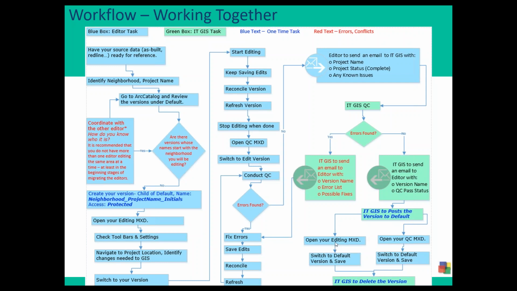And then on the editor side, you'll need to open your edit MXD and switch to the default version, and switch the QC MXD to the default version, and then the ITGIS will delete the version. So this is the basic workflow.